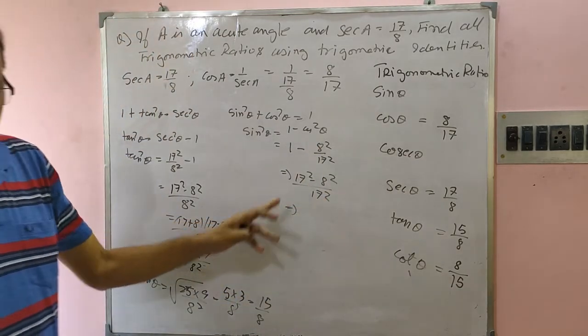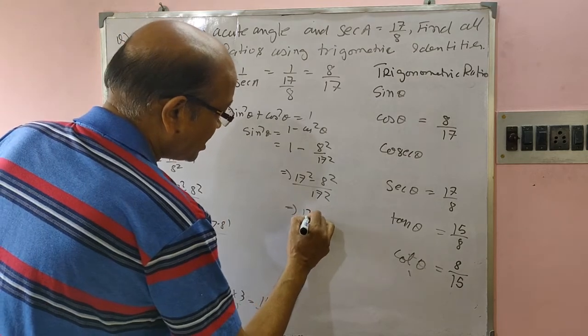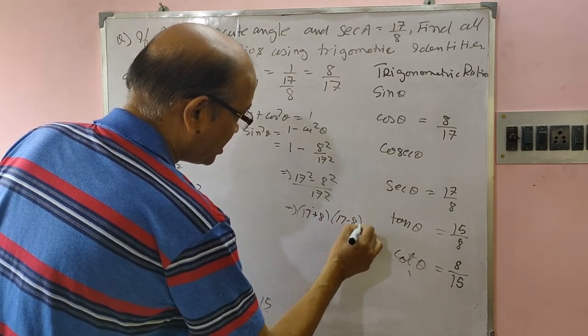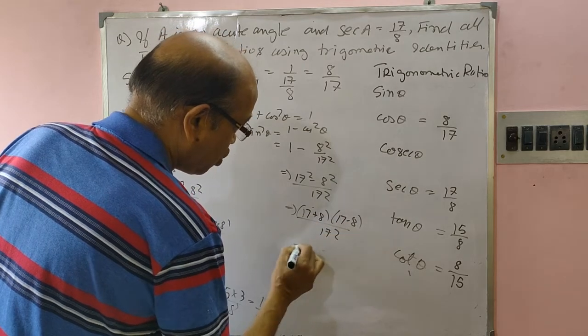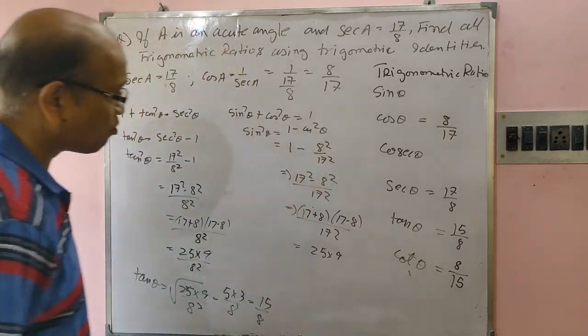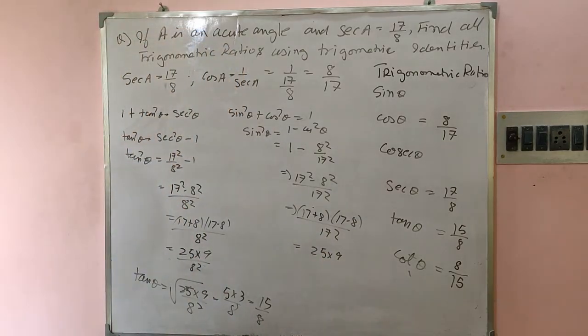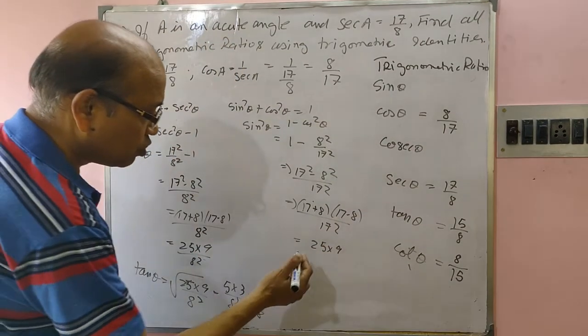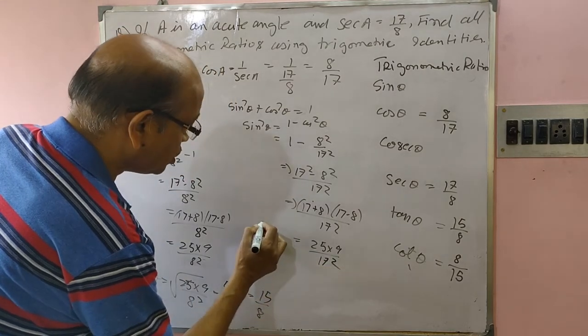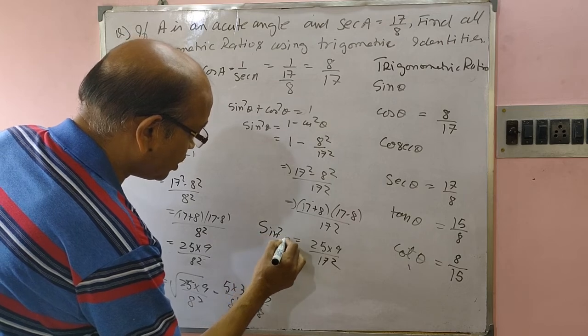If you do not know the tables, then we will do it as 17 plus 8 into 17 minus 8 by 17 square, which is equals to 25 into 9 by 17 square. This is equals to sine square theta.